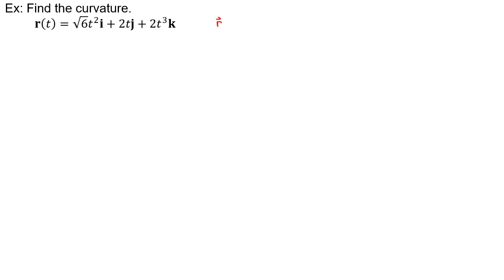So my r prime would be 2 root 6 t i plus 2 j plus 6t squared k. Just power rules all the way across. And then r double prime would be just 2 root 6. The t goes away, there is no j term anymore, and 6 times 2 makes 12t k.